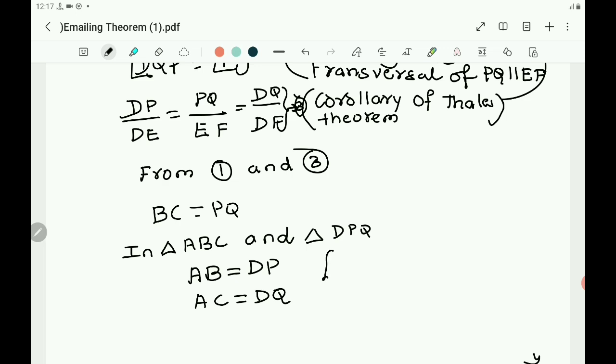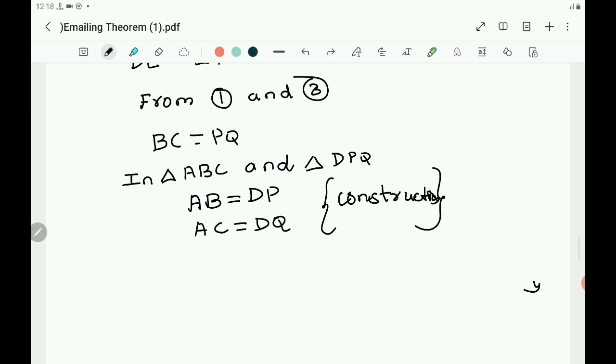That is the construction we made. So the reason you can write is according to the construction. Then we proved BC is equals to PQ. That is proved, right?